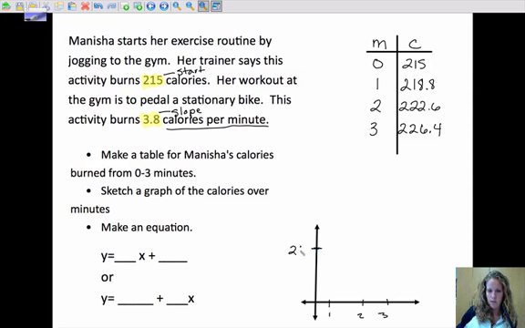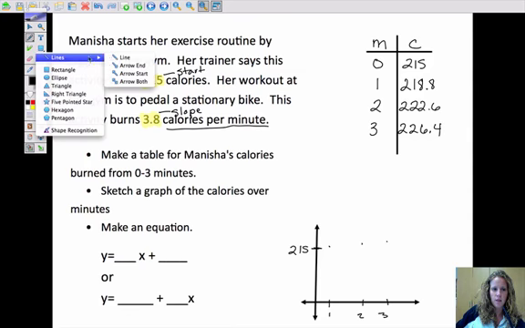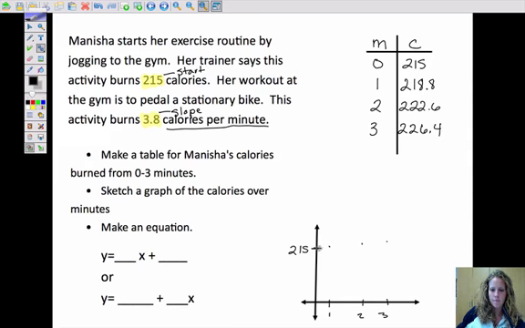If we make 215 right here, is she growing very much each minute? Not really. So our line is going to have a very shallow slope to it. We do not grow very much each minute. So if we make a line that fits our data here, this line is not going to increase very much, but it is increasing slightly.